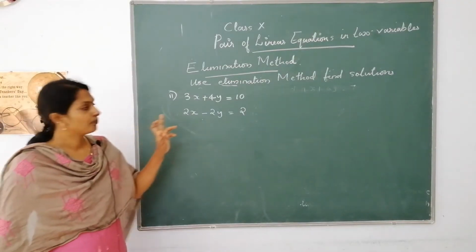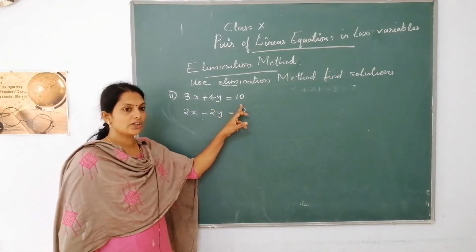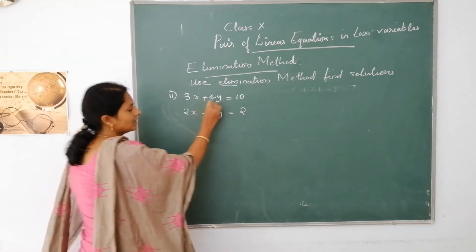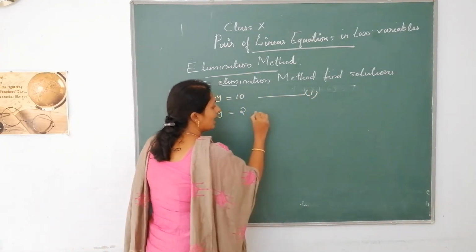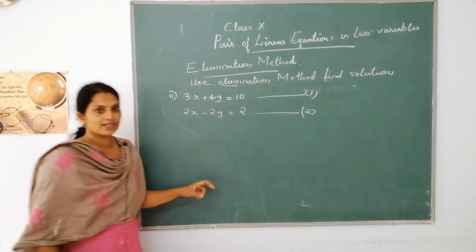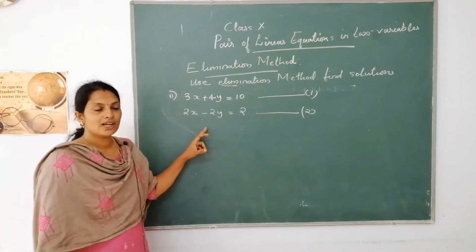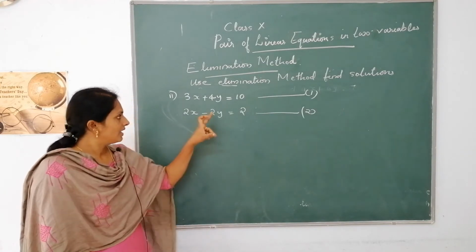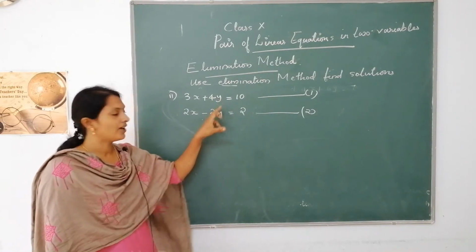Next question, 3x plus 4y is equal to 10 and 2x minus 2y is equal to 2. Consider this as the first equation and this as the second equation. First you decide which variable is to be eliminated. In this question we want to eliminate y.